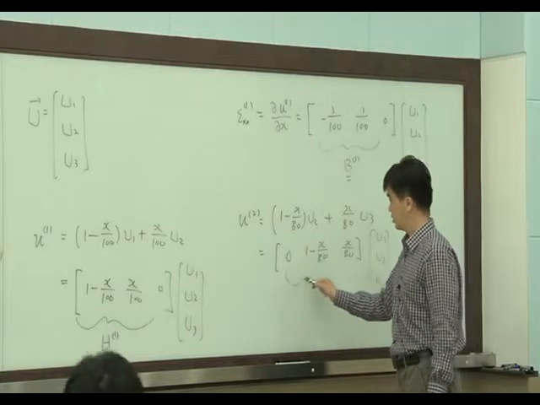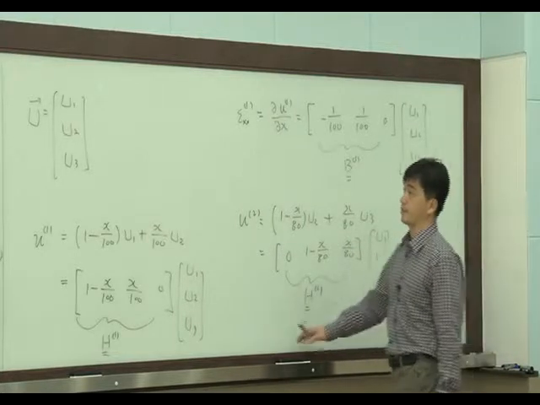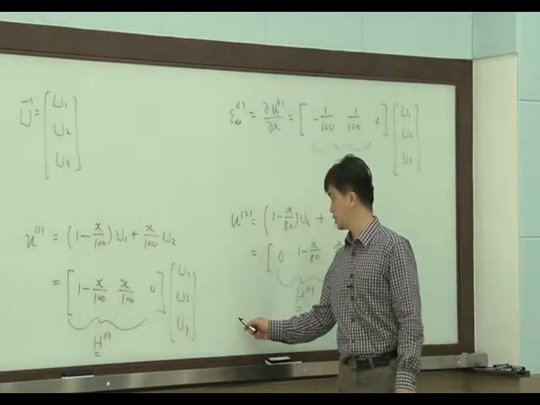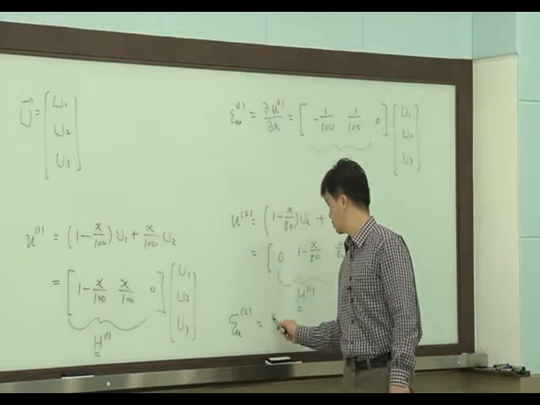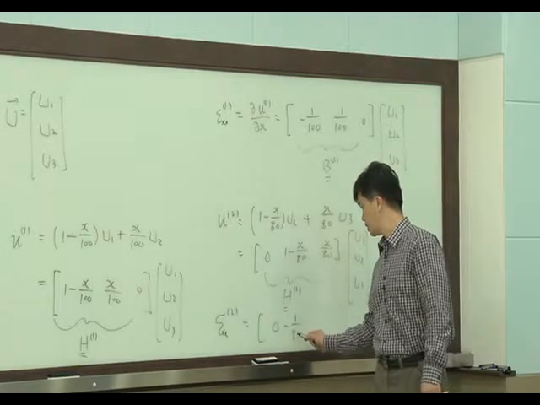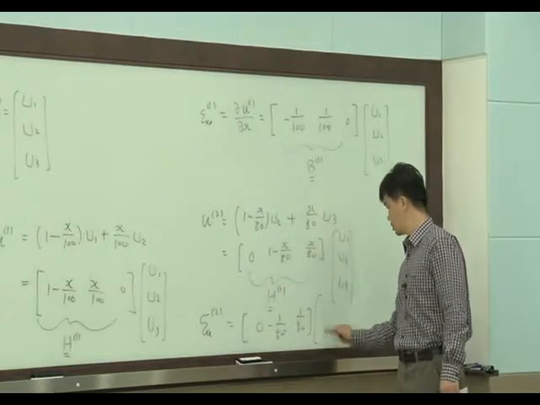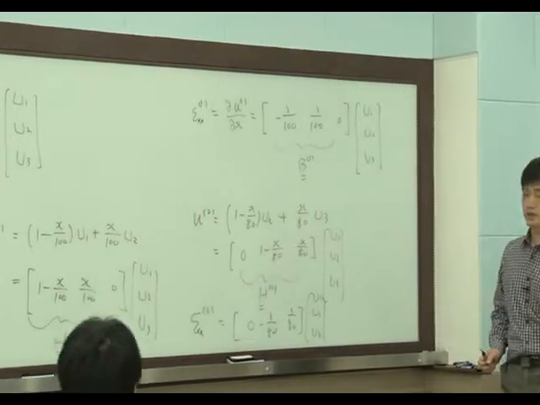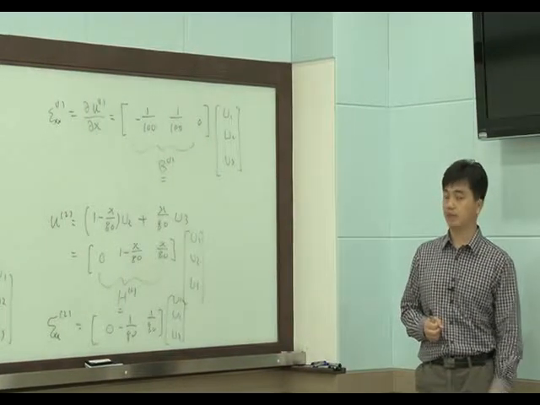This is H2. How about B2? Epsilon xx for element 2 equals, B2 is very simple, right? 0, minus 1 over 80, 1 over 80, times U1, U2, U3. So we have already calculated the B matrix for element 1 and element 2.